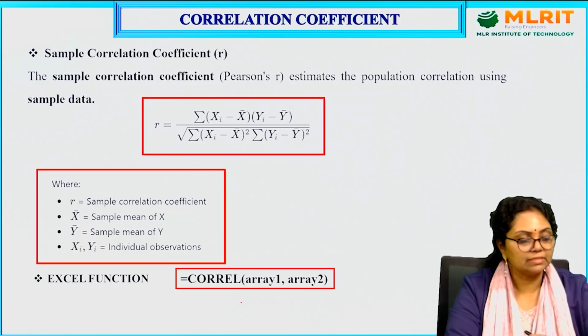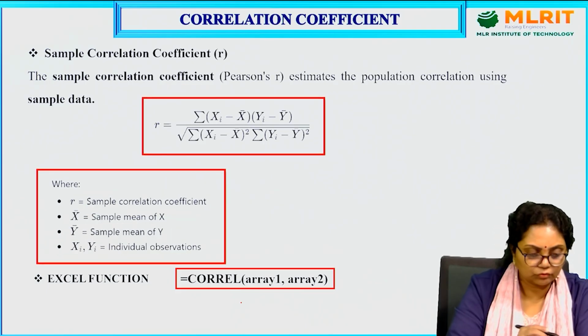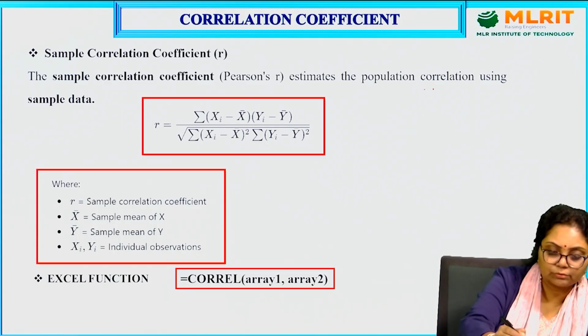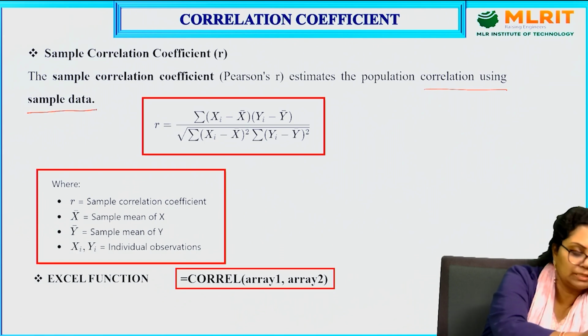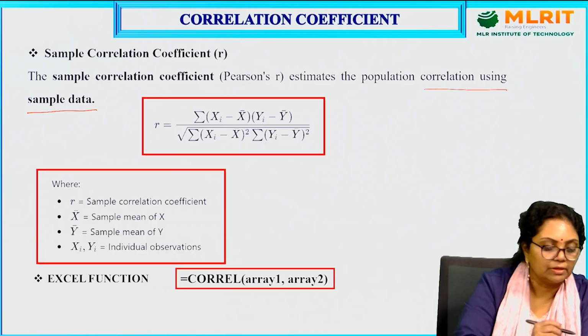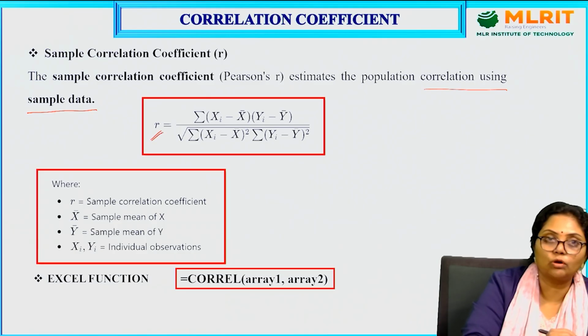Now if you see the sample correlation quotient, the formula changes. The sample correlation quotient estimates the population correlation using sample data. So instead of the total population, we are going to use sample data, which is represented as small r.